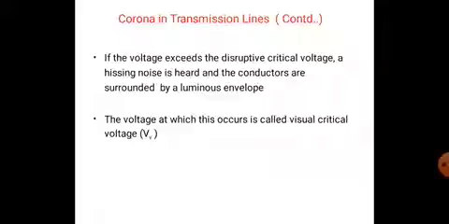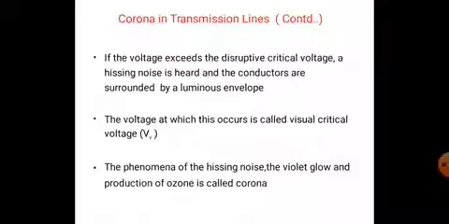The glow is due to the fact that atmospheric air around the conductor becomes conducting due to electrostatic stress. The hissing noise, the violet glow and the production of ozone together are called corona.